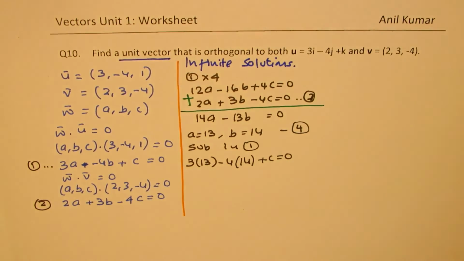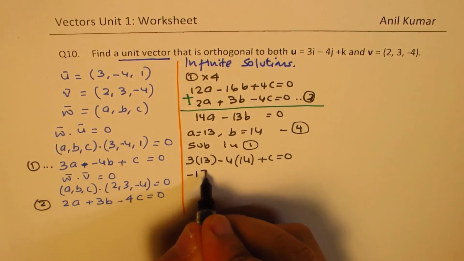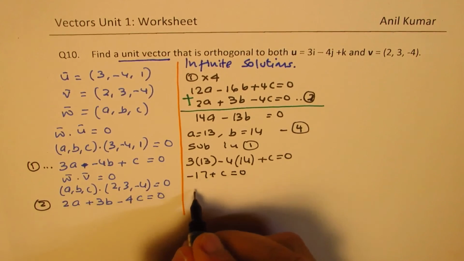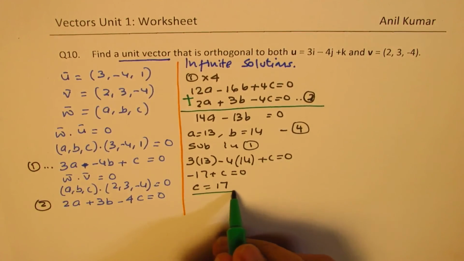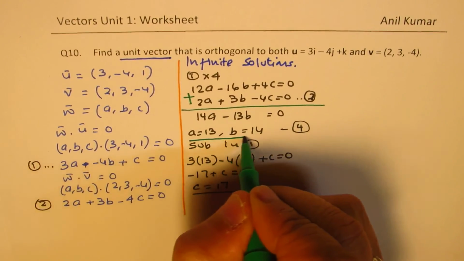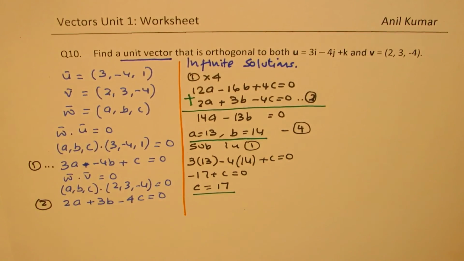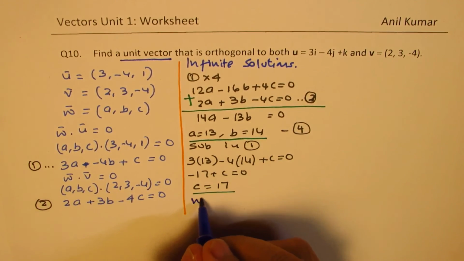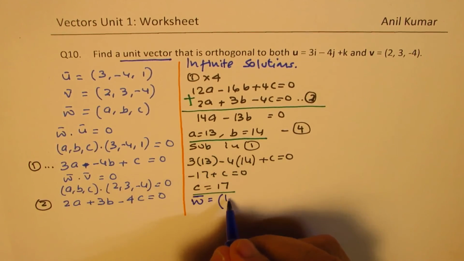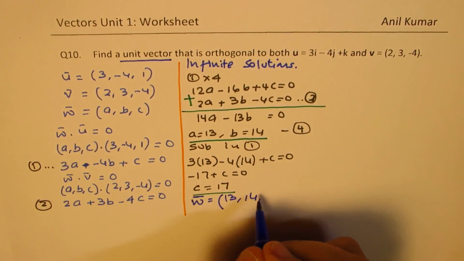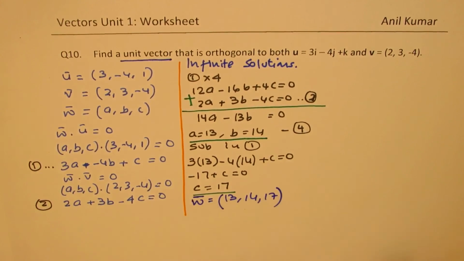So that gives us minus 17, right? So we get minus 17 plus c equals 0, or c equals 17. So we have the values for a, b, and c. Do you see that? And therefore, we can write down our vector, which is perpendicular to both, as (13, 14, 17). Correct?